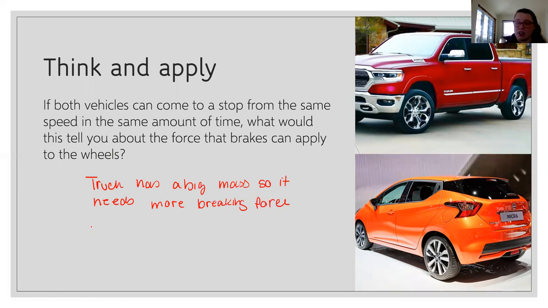The car, on the other hand, is light. It needs less braking force. So what can we predict about the brakes? Well, we're going to have bigger brakes, or brakes that can apply more force on the truck than we will on the car.